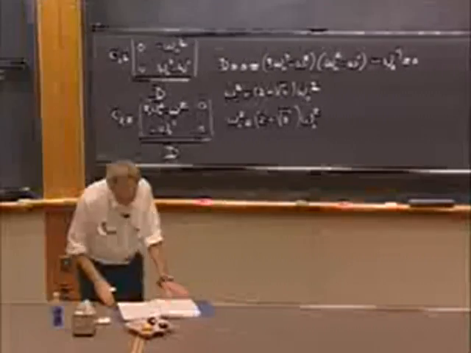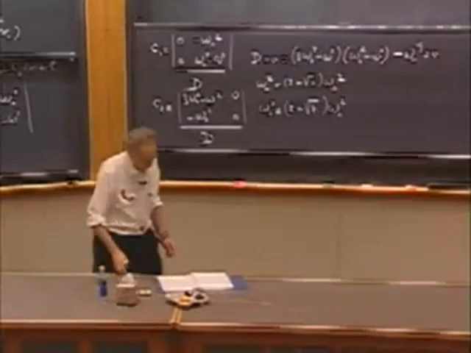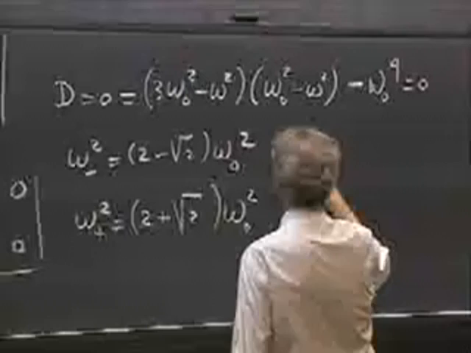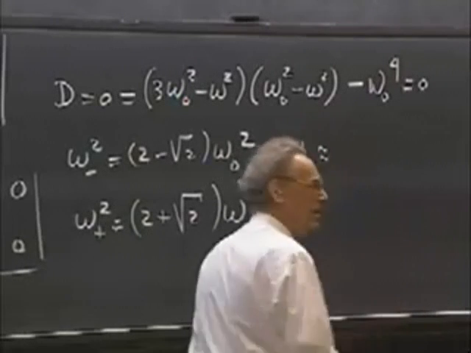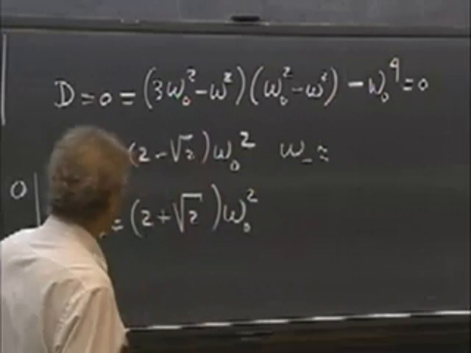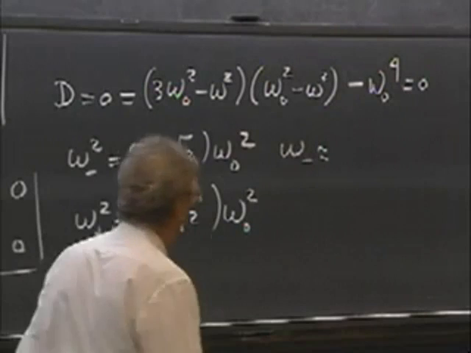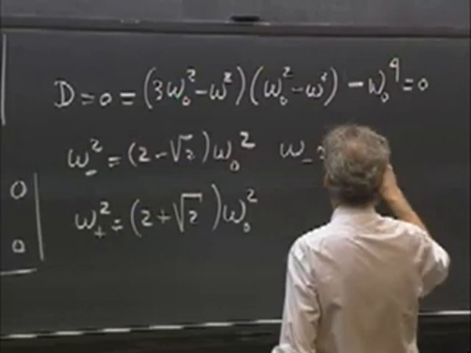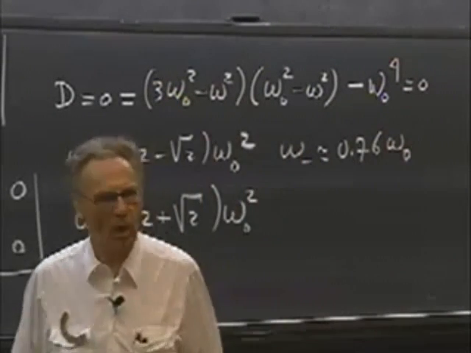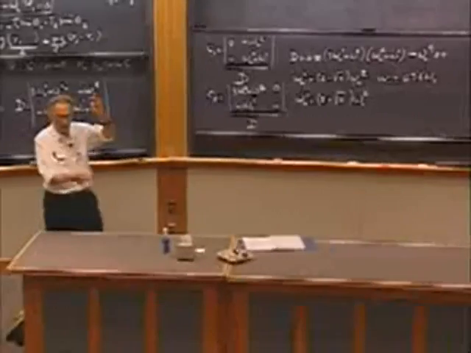But be careful, because you can easily slip up, of course. So we now have a solution that omega minus is approximately, if I calculate 2 minus square root of 2, approximately 0.76 omega 0. Not intuitive at all, so it's lower than the resonance frequency of a single pendulum.